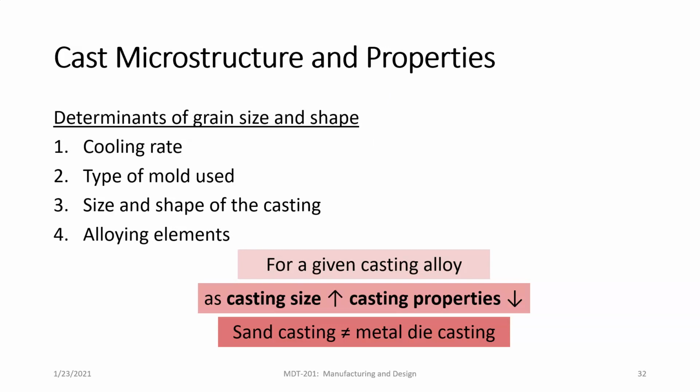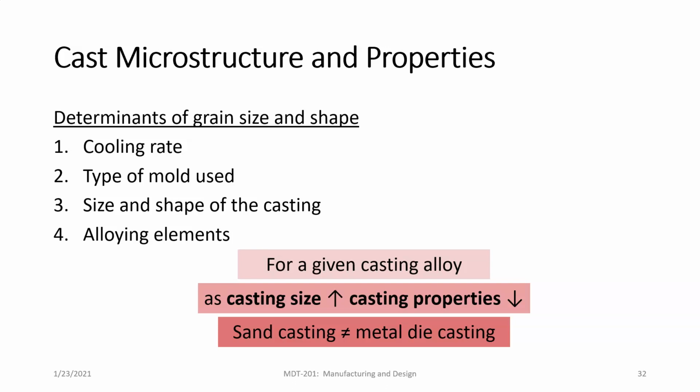So then, finishing up with cast structures, microstructure, and properties. Determinants: what helps to determine the grain size and shape? Remember that we want a smaller grain size, okay? That's going to be affected by the cooling rate, how quickly or slowly it cools, and what type of mold we use.